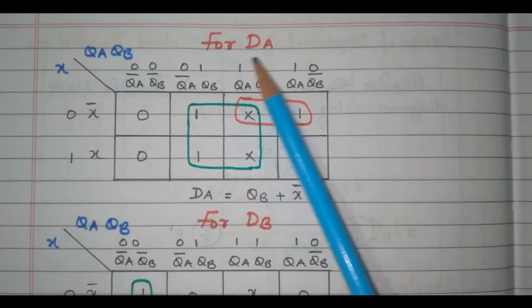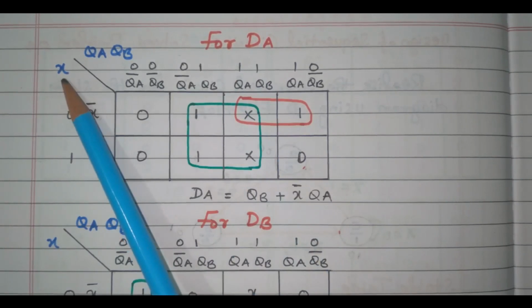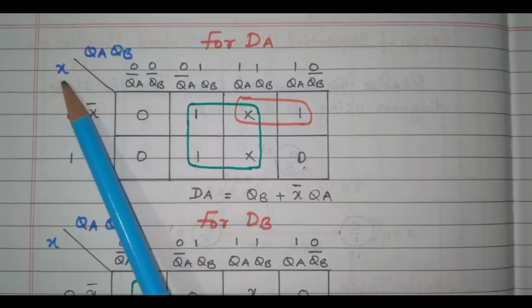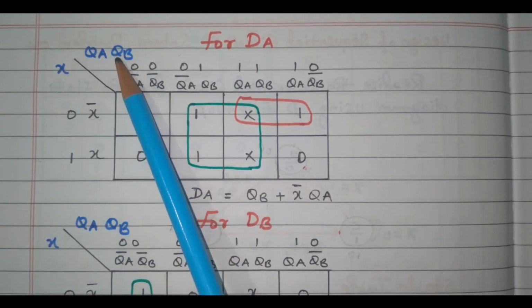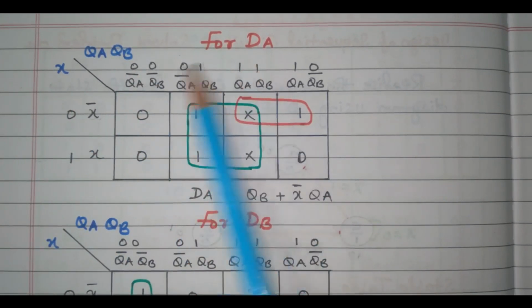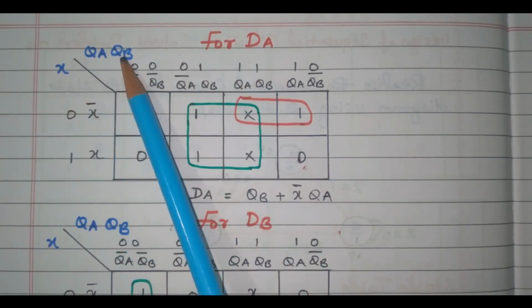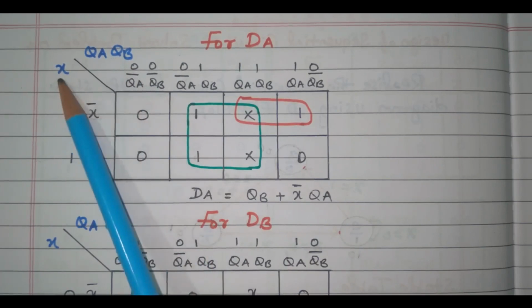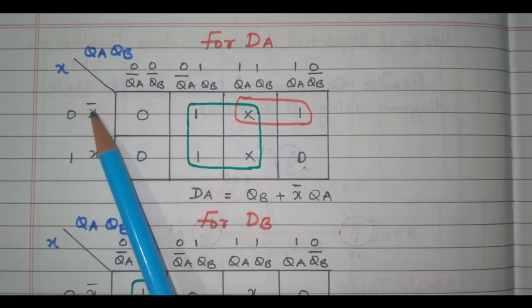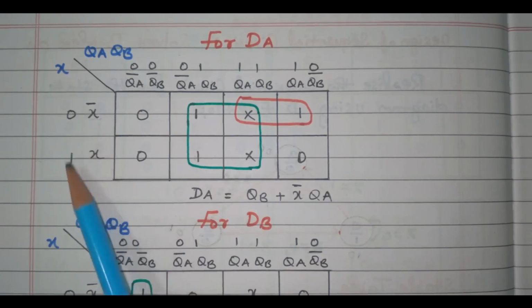So, first for DA, what are the inputs? X, QA, QB. X is the input, QA, QB is the current state. So, the DA depends upon the input X, QA and QB, right. X is one variable, so 2 combinations, X bar and X, that is 0 1.